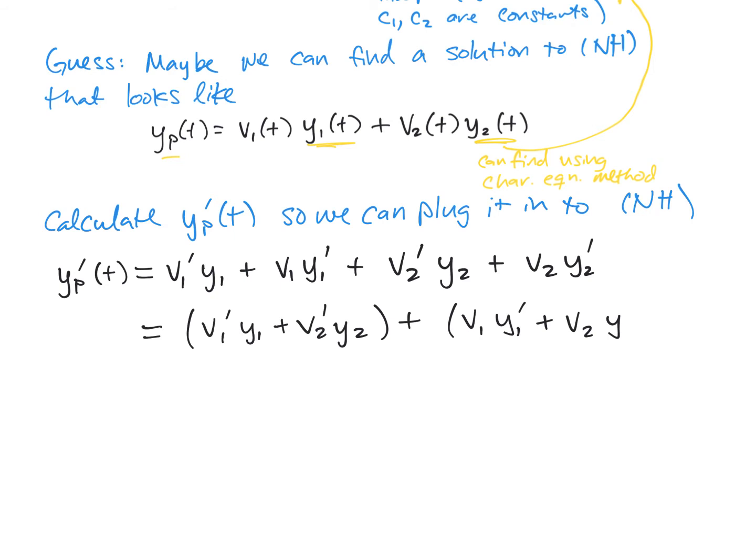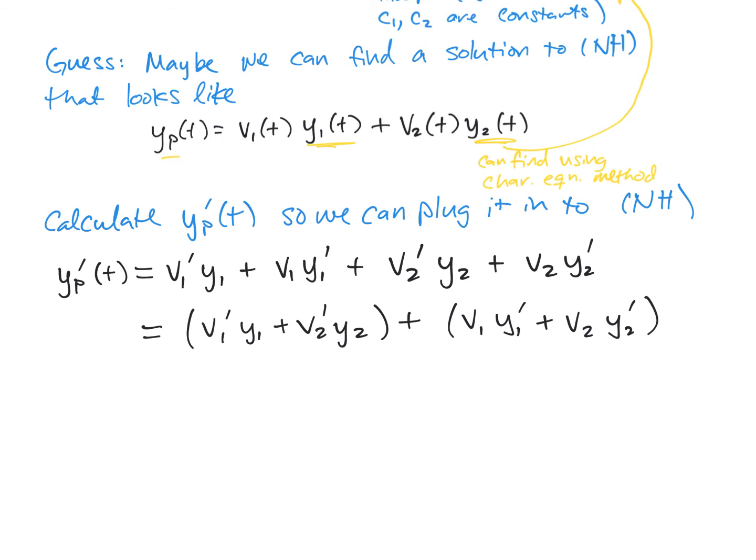We know y1 and y2, but we are trying to guess what v1 and v2 might work. And remember, we're looking for some restrictions on it. So it's sort of a pain to have to take derivatives of a function that you don't even know about, right? And, you know, we're just sort of guessing at this.